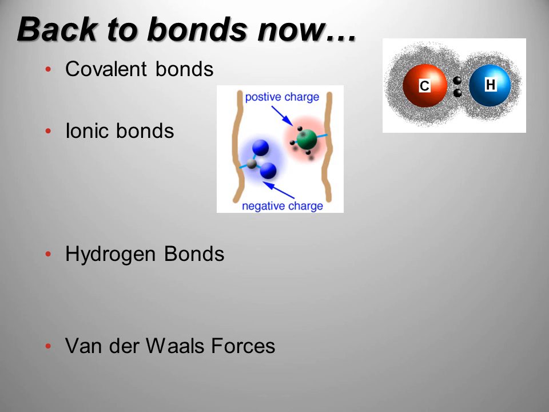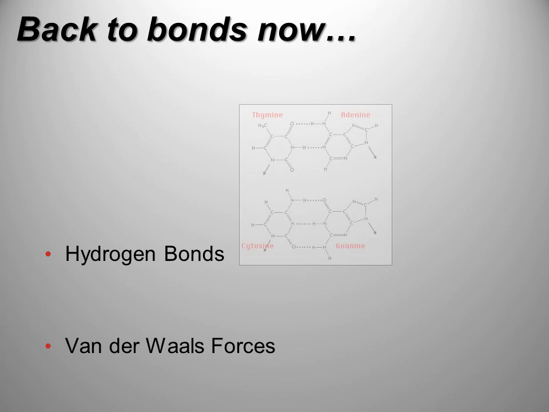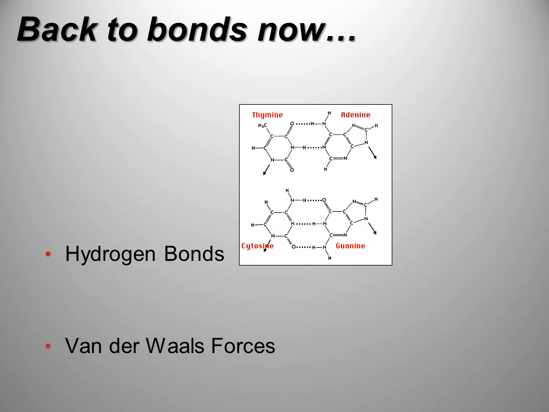So we've talked about covalent bonds and ionic bonds. Remember that these are important for energy storage as well as protein structure, which then leads to protein function. Now let's move into the realm of hydrogen bonds. Hydrogen bonds are similar to both covalent and ionic bonds. They aren't covalent bonds because you're not sharing the electrons per se, but they're not necessarily ionic bonds either.